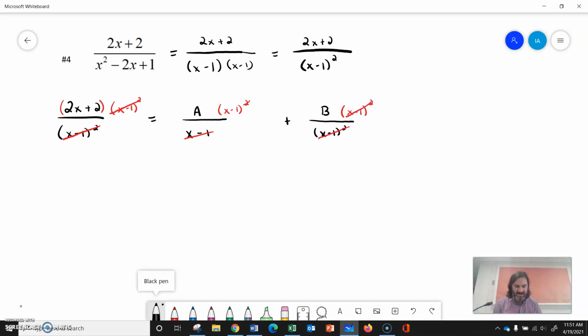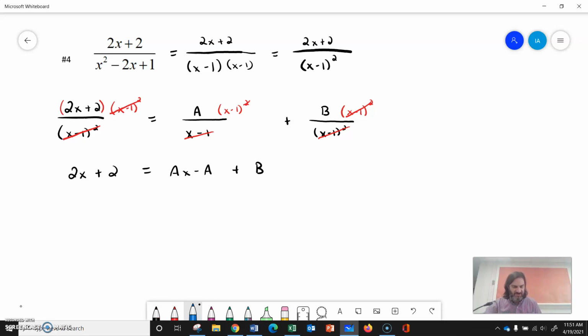That cleans up to have the equation 2x plus 2 on the left, and on the right we'll have a times x minus 1, which I'll write as ax minus a, and then plus b times 1, which will just be b.